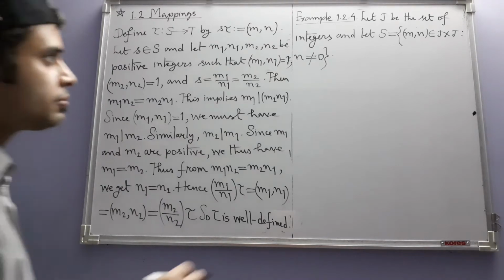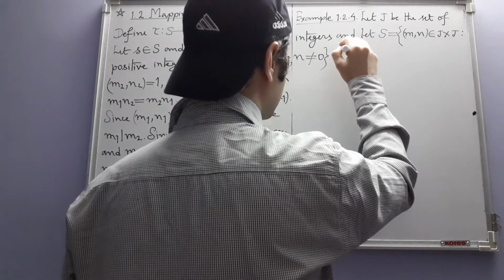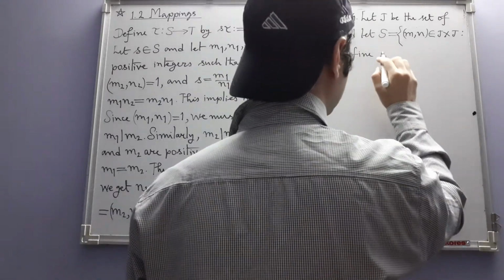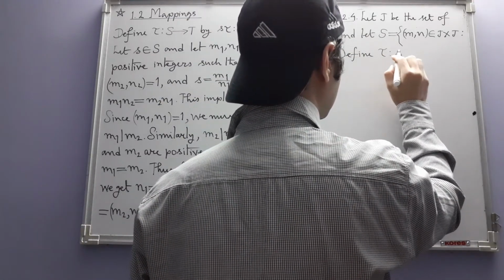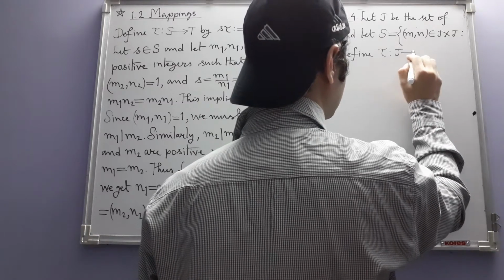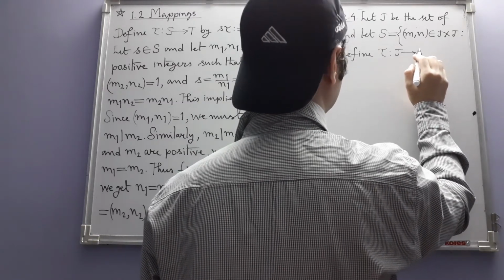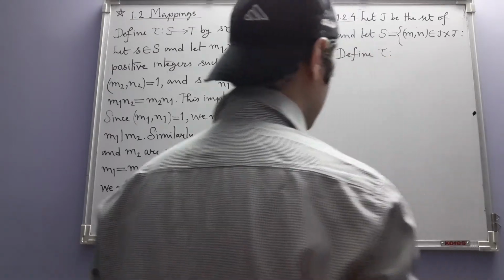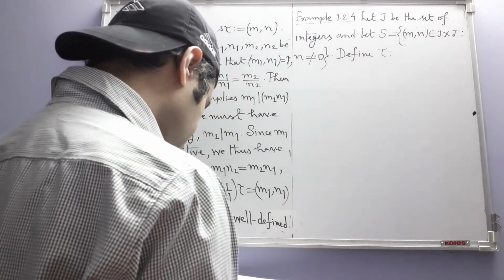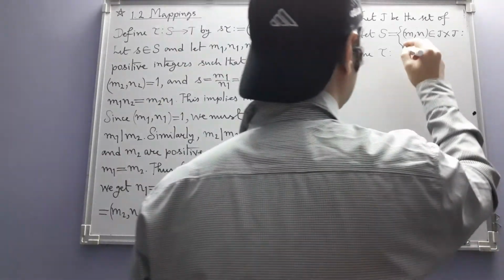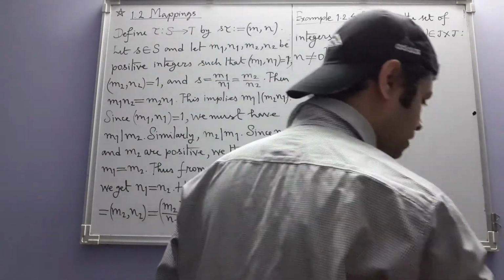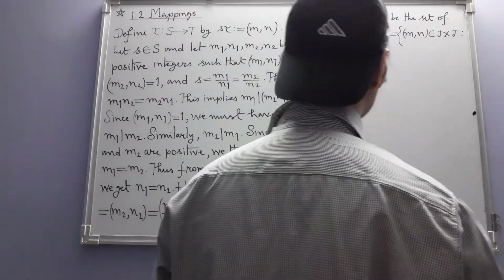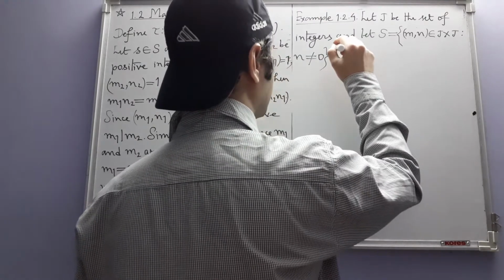Okay. Define tau from, okay, not from J into S. I should have written that T. Before defining it, I need the set of rational numbers also.